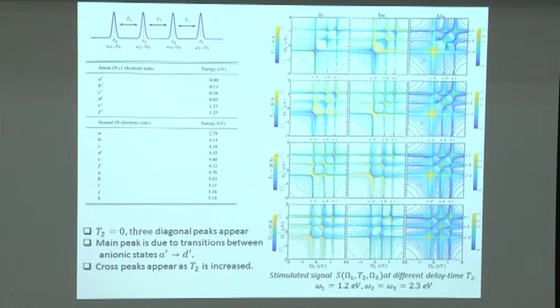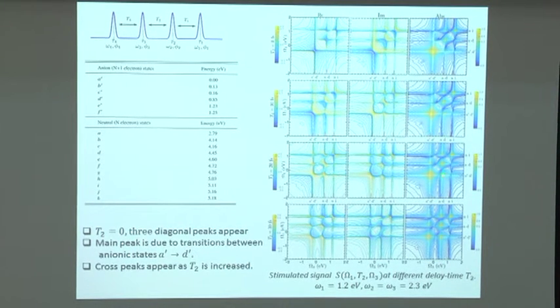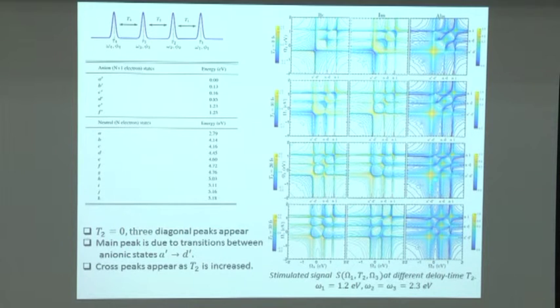Here is the result. The signal is plotted as a function of the time delay T2 between the second and third pulse, and the other two time delays are Fourier transformed with frequencies omega 1 and omega 3.